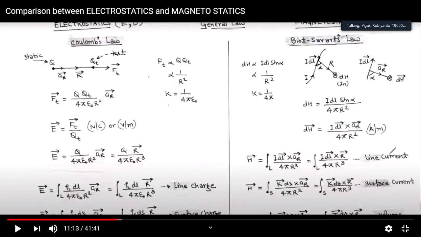Besarnya B di sini sama dengan mu 0 dikalikan H. Jadi besaran B itu bisa dikatakan sebagai medan magnet, atau flux magnetik. Kalau ada material, maka B sama dengan mu, permeabilitas bahan, dikalikan dengan H.